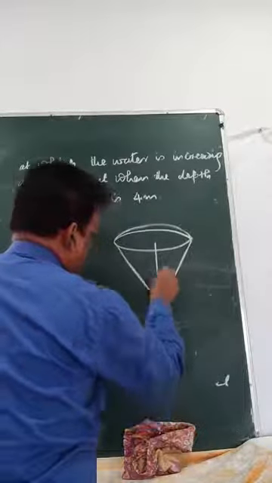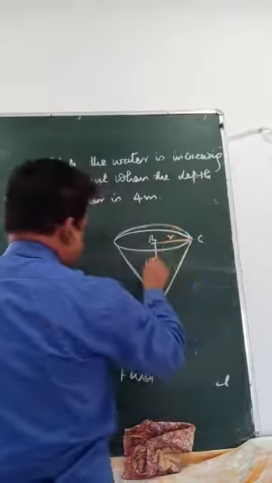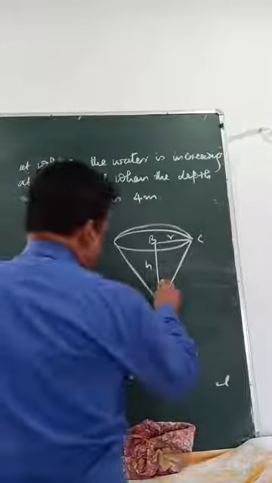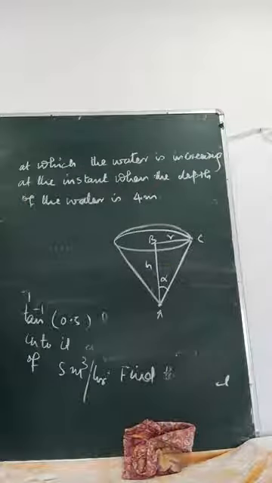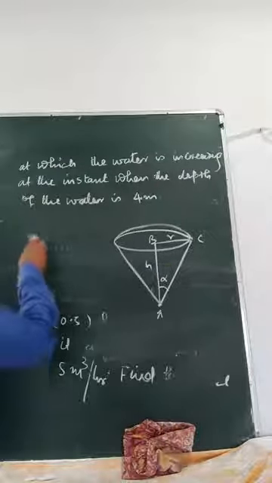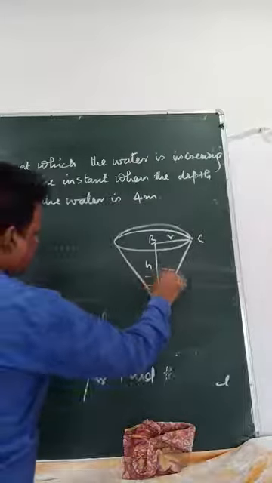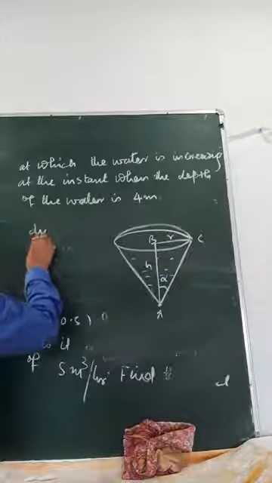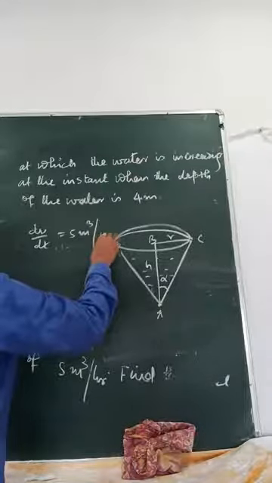Suppose this is A, this is B, this is C, this is radius, this is height. Semi-vertical angle means this one. Suppose this is alpha. The level of water is increasing, which means dV by dt is given, 5 meter cube per hour.